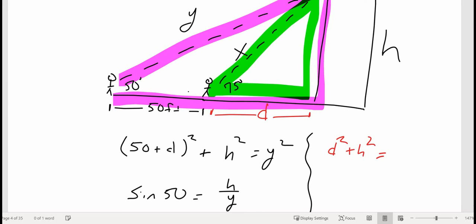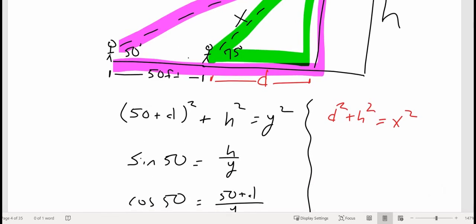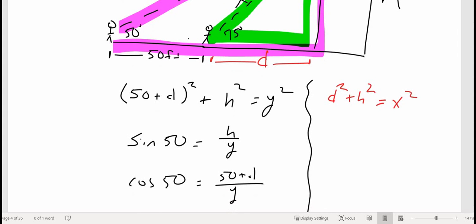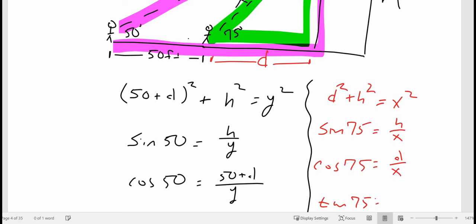I haven't used x yet. And then my trig functions: sine of 75 is opposite over hypotenuse. Cosine of 75 is adjacent over hypotenuse. And tangent of 75 is opposite over adjacent.